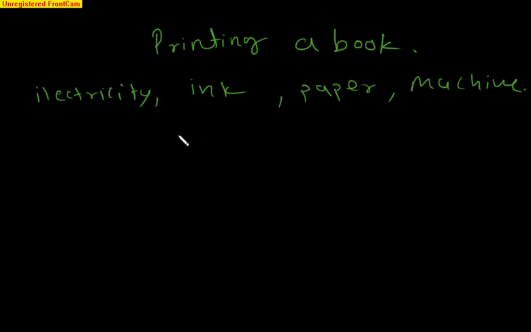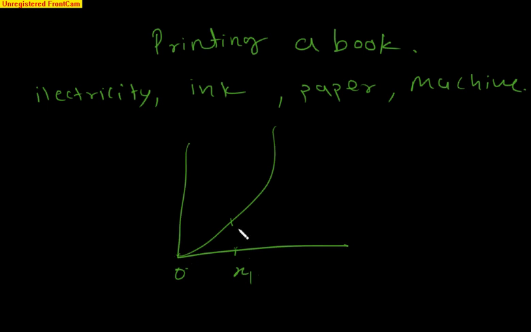To print a book, when you start the production of printing books, suppose you start at this point. After production of x1 books, when you start, you need to pay for electricity, you need to pay for ink, you need to pay for paper, you need to pay for the machine, when you start printing the first book.